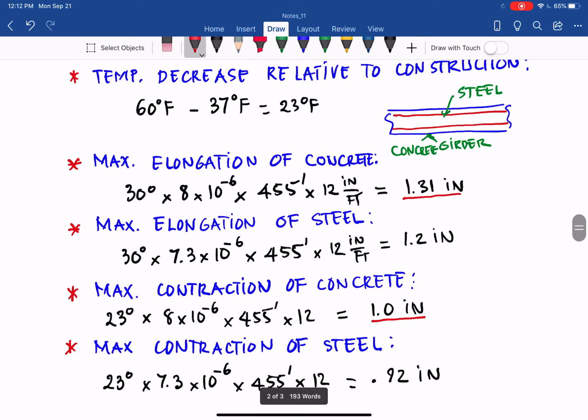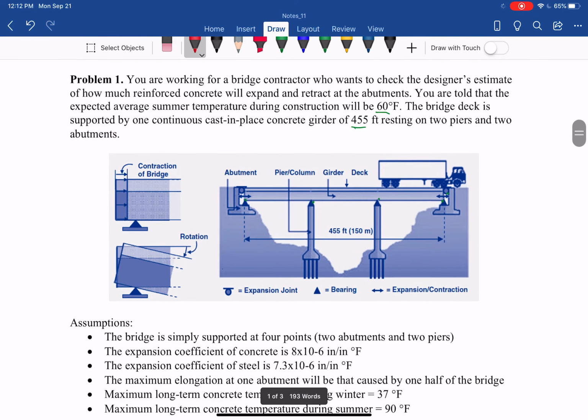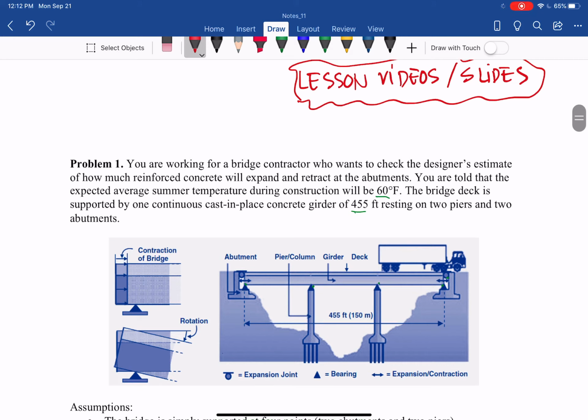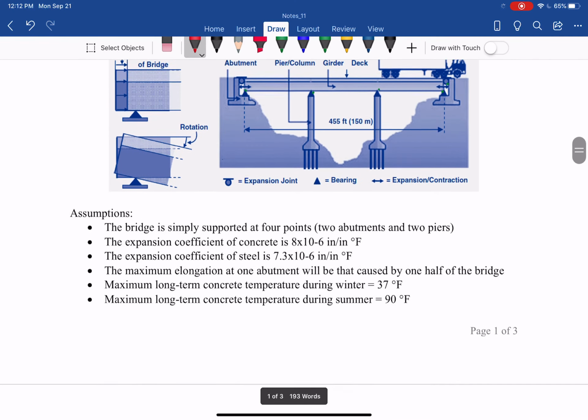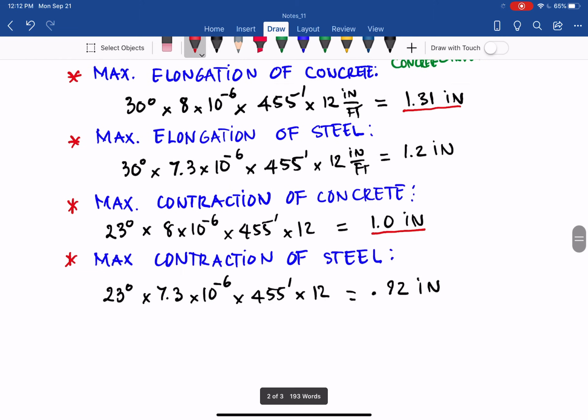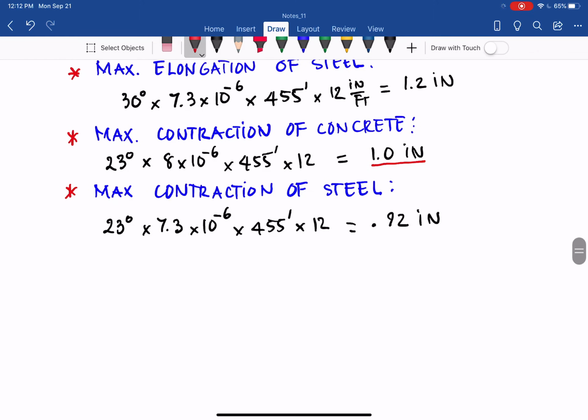So what does the question ask? Now that we have all of that, the ask is that we check how the expansion during the construction affects the needed opening for that expansion at one side of the abutment.